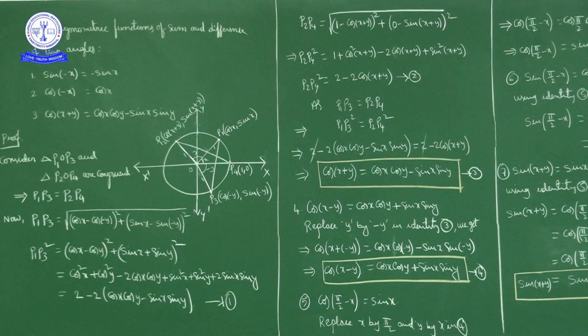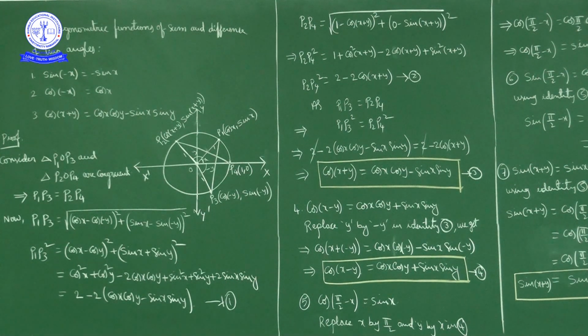I'll write cos of pi by 2 minus x minus y. If we consider pi by 2 minus x as a and y as b, it is of the form cos a minus b, and the formula is cos a cos b plus sin a sin b. So cos of pi by 2 minus x minus y is equal to cos of pi by 2 minus x into cos y plus sin of pi by 2 minus x into sin y.